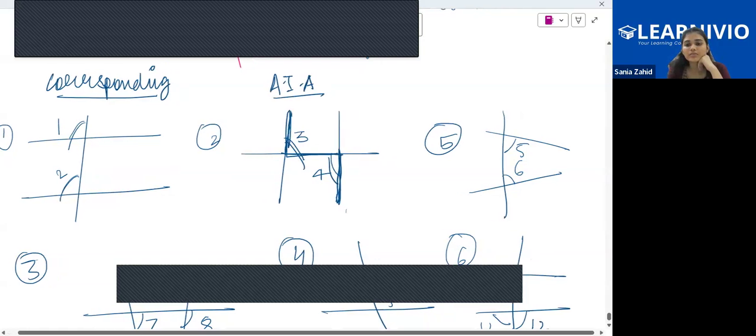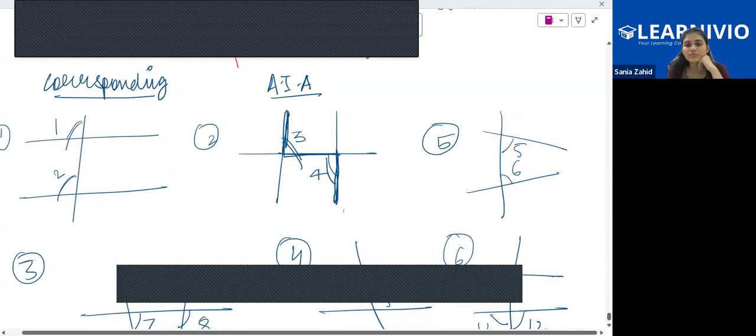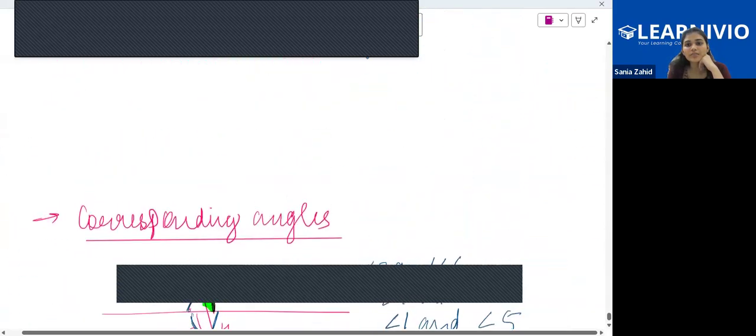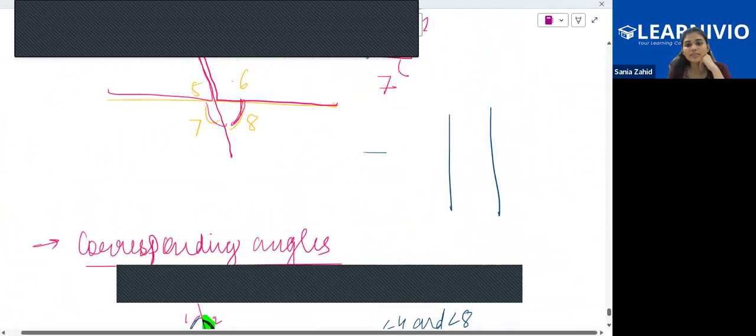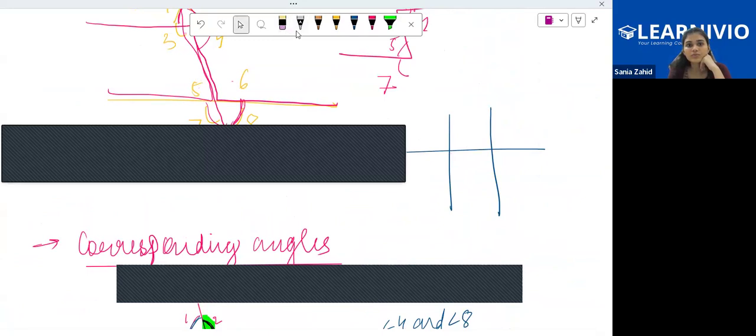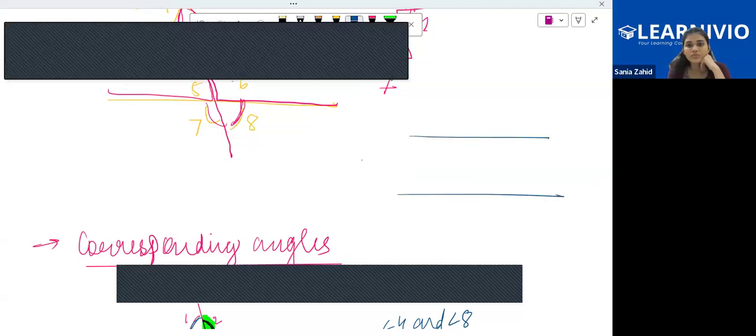Fifth one. This I haven't taught you. So these are just interior angles on the same side of the transversal. See, we have two lines and a transversal.